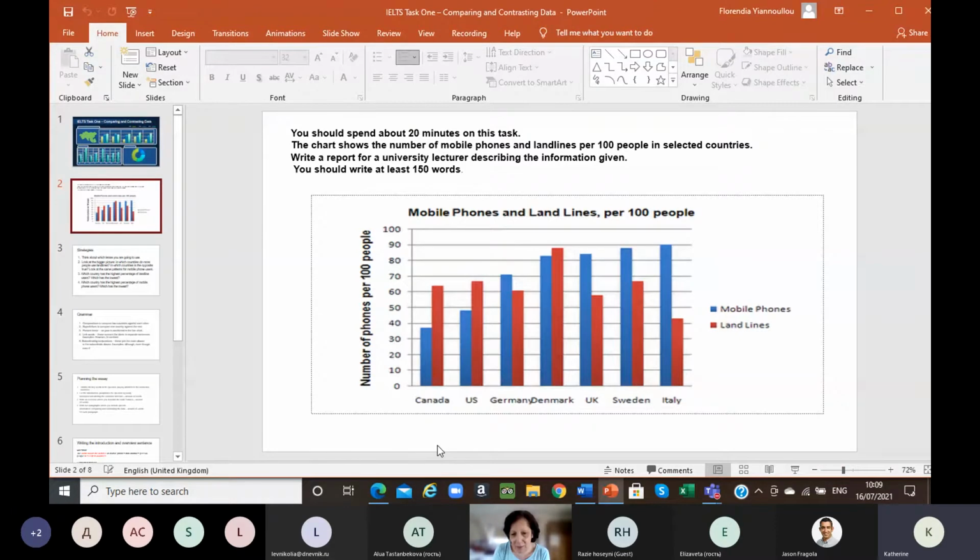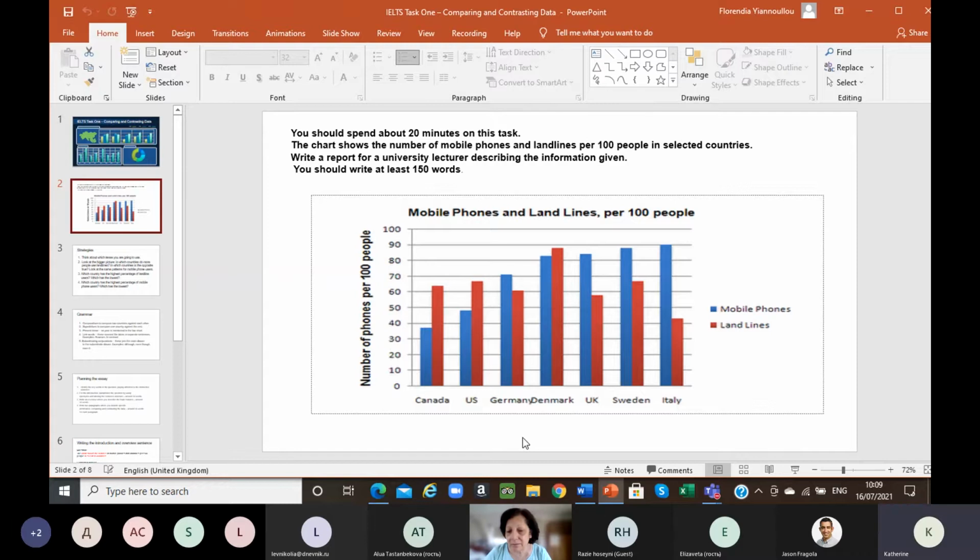And if you look there, you've got Canada, US, the rest are European countries. So that's something to identify. Maybe if you had Asian countries, you may have Asian, European, American countries. So it separates them. And then if you notice, what's the difference you see between the mobile phones and the landlines? Overall, not specifically at this point.